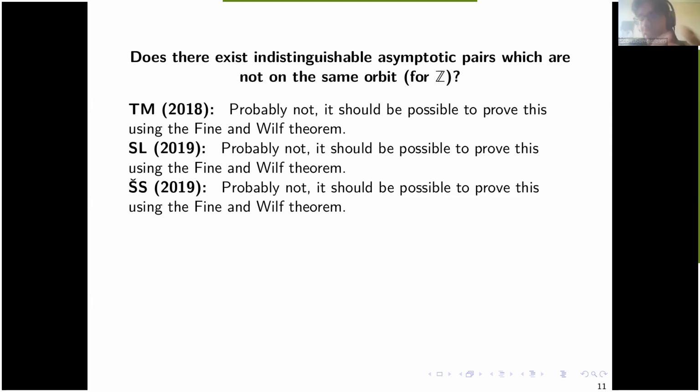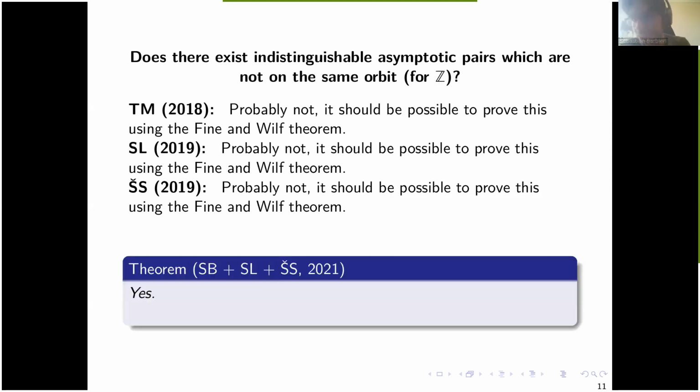This doesn't work. And we started trying to find another way to prove that there are no more indistinguishable asymptotic pairs. And we actually ended up characterizing all of them. So the theorem is that, yes, there are asymptotic pairs which are not on the same orbit.